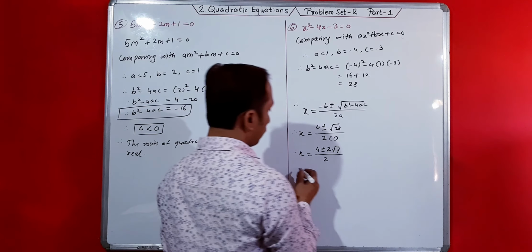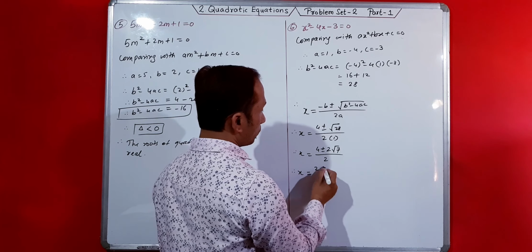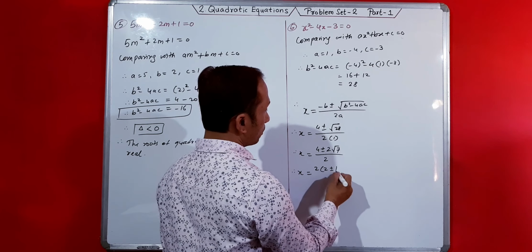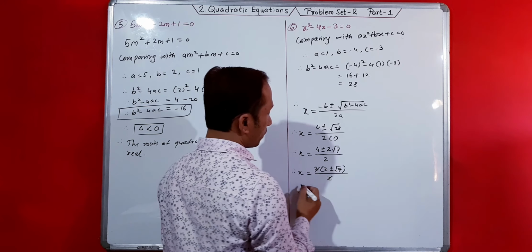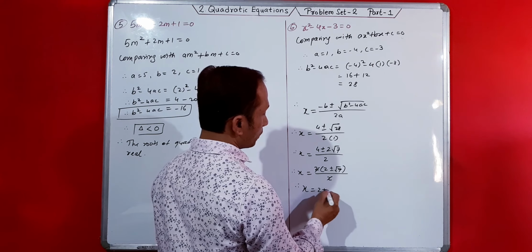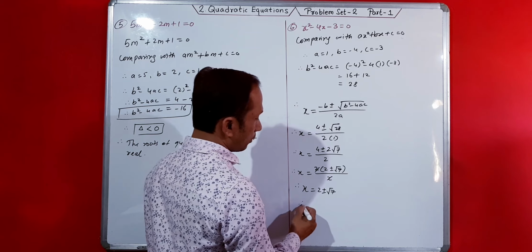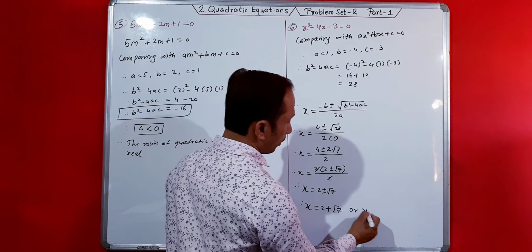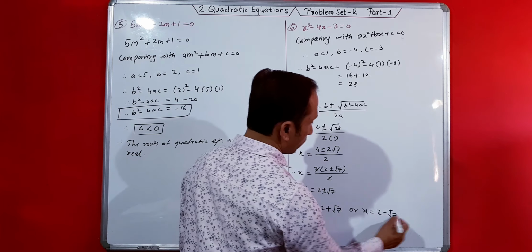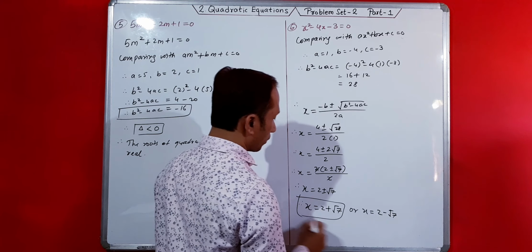Therefore x is equal to 2 plus minus root 7 upon 2, so this will get cancelled. So x is equal to 2 plus minus root 7. Therefore x is equal to 2 plus root 7, or x is equal to 2 minus root 7. These are the roots of the given quadratic equation.